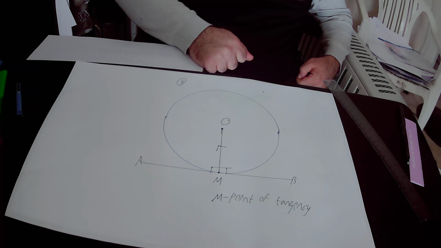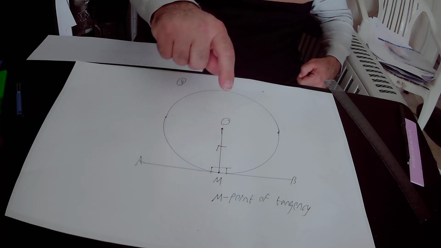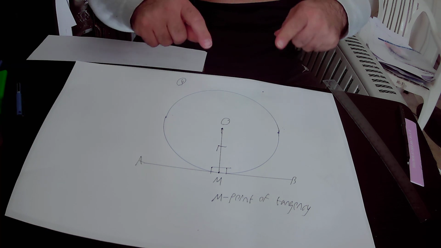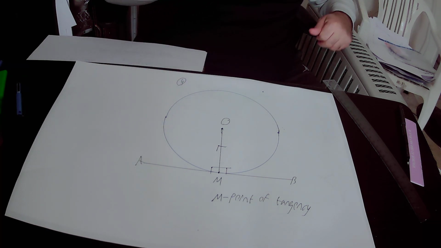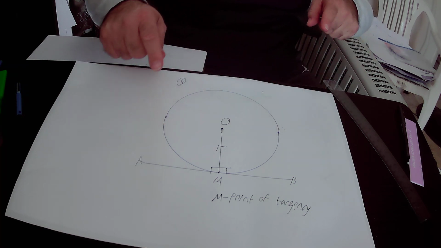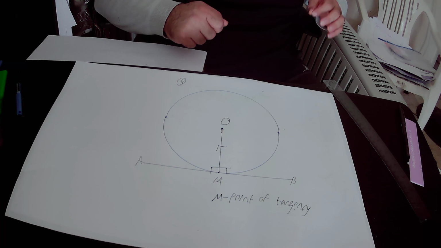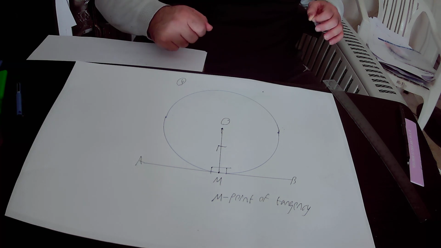Therefore, according to rule number 2, whenever you have a radius that is drawn to the point of tangency, then the tangent AB will be perpendicular to this radius. Okay? A tangent to a circle, that is to say tangent AB, is perpendicular to the radius that is drawn to the point of tangency.